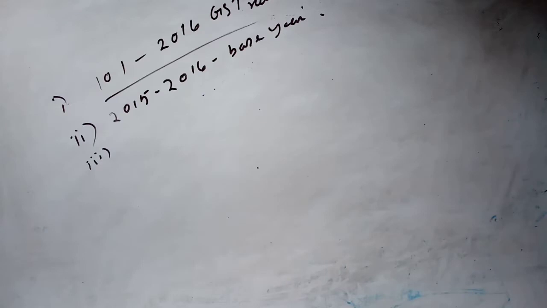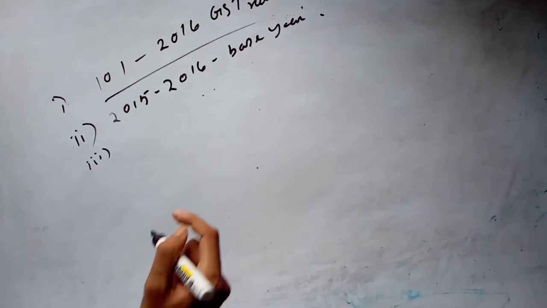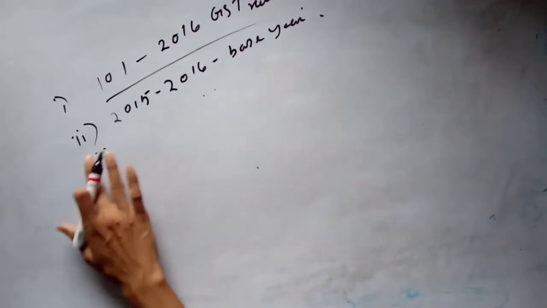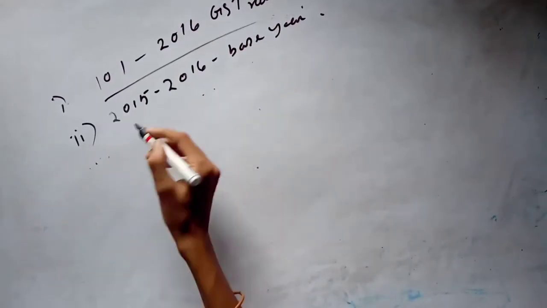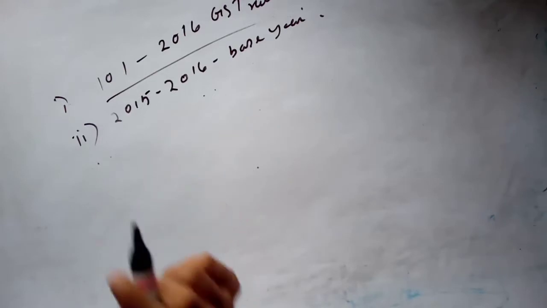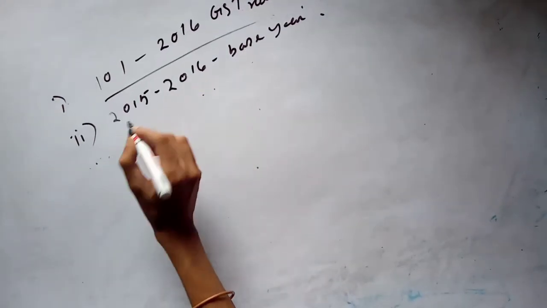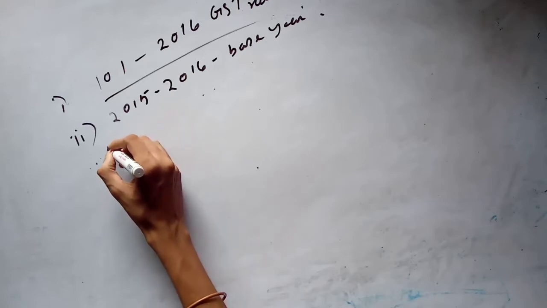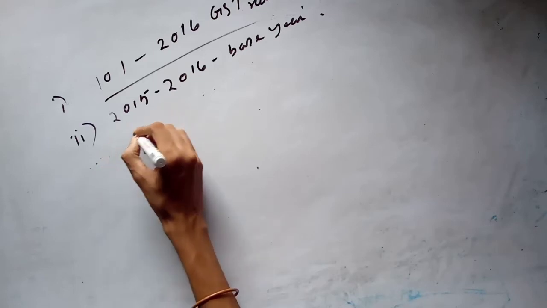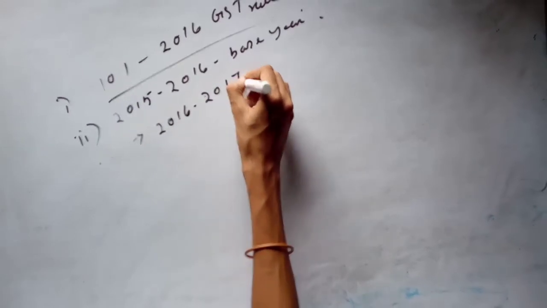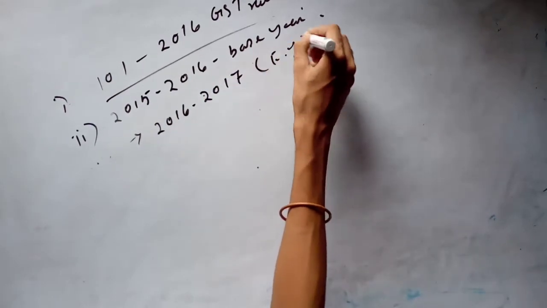As I mentioned, now please listen carefully. If 2015-16 is the base year, then what will be the next 5 years? So 2015-16 is the previous year. So what will be the financial year? It will be 2016-2017, which is the financial year.